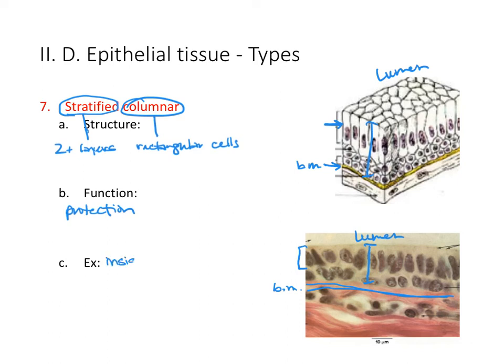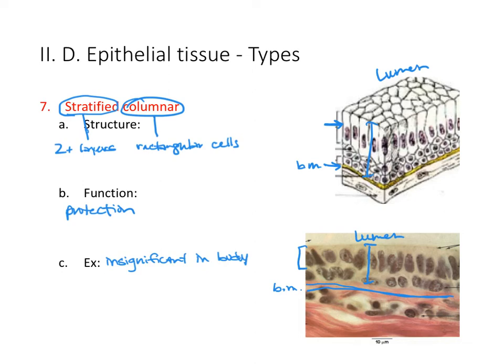So this stuff is relatively insignificant in the body. And so we'll find it in a bunch of places, but again, not very much of it in any of these places. So the places would include things like the male urethra, small areas of your pharynx or your throat, part of your epiglottis, anus, mammary glands, salivary glands. So kind of all over again, but not very much of it anywhere.